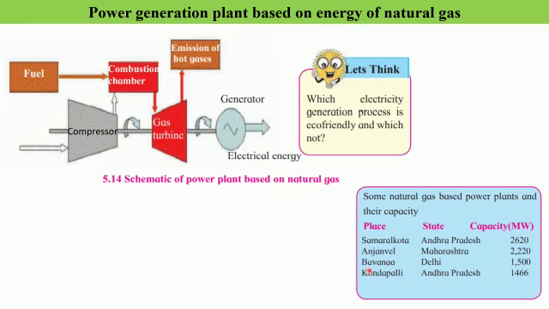Next one is at Bawana, in Delhi, 1500 megawatt, and Kondapalli in Andhra Pradesh generates 1466 megawatt of electrical energy with the help of natural gas. So this is all about production of electrical energy making use of natural gas.